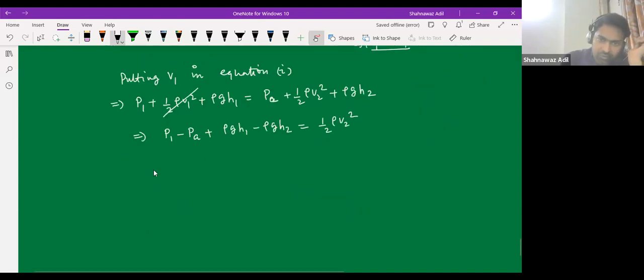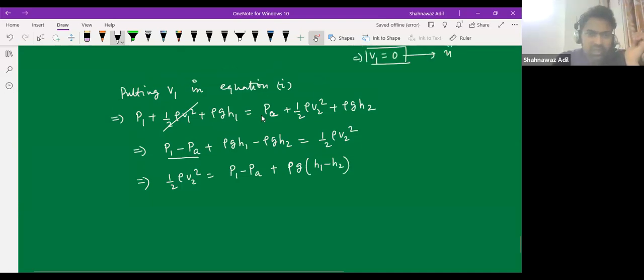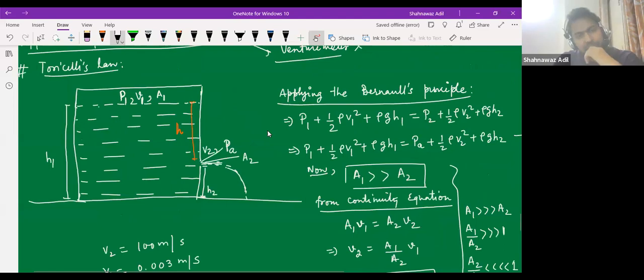So this half rho V2 square is P1 minus PA plus, if I take rho g common, h1 minus h2. What is h1 minus h2, guys? What is h1 minus h2? Sir, h1 minus h2.